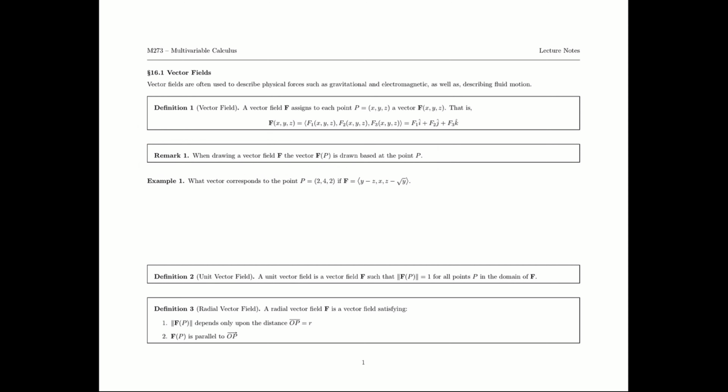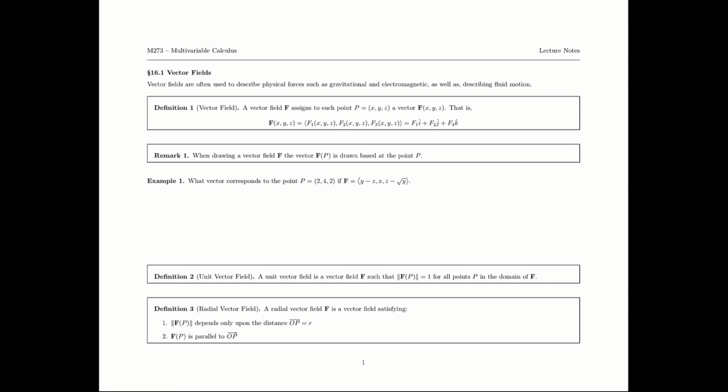So let's take a look at this example here. What vector corresponds to the point P equals (2, 4, 2) if the vector field F is equal to (y minus z, x, z minus square root of y)?